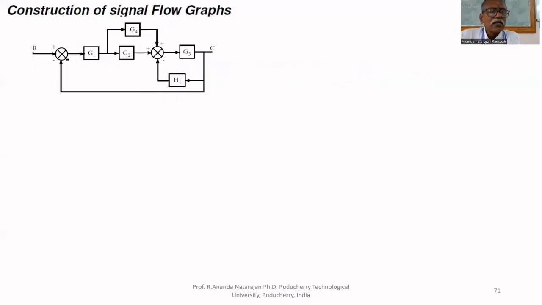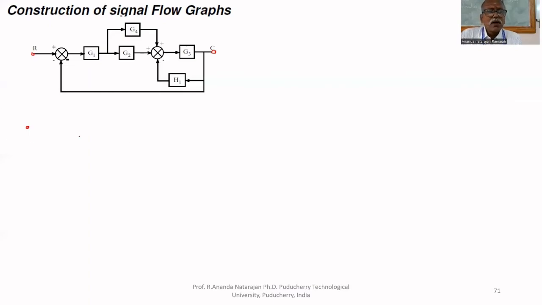For that, R and C are called nodes. We already studied node in electric circuit analysis. Node means junction, but it is misnamed. Even if two elements are meeting, we are calling it a node.